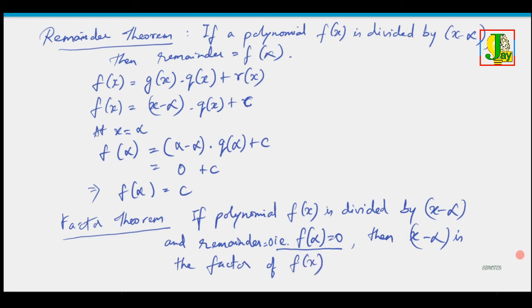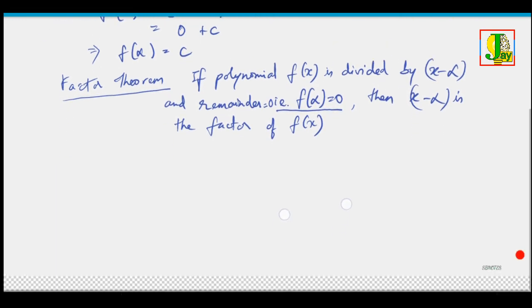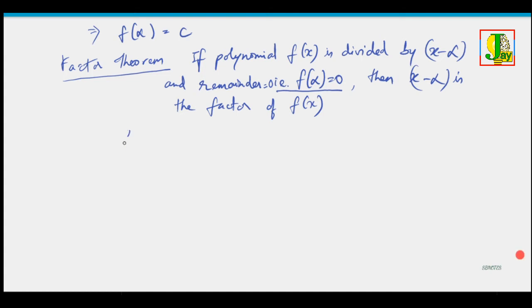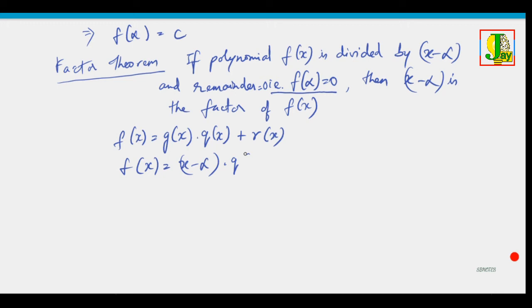Okay. Simply, f(x) equals g(x) into q(x) plus r(x). Now since g(x) is x minus alpha, f(x) equals x minus alpha into q(x) plus, now this is a linear polynomial, so it becomes a constant term.